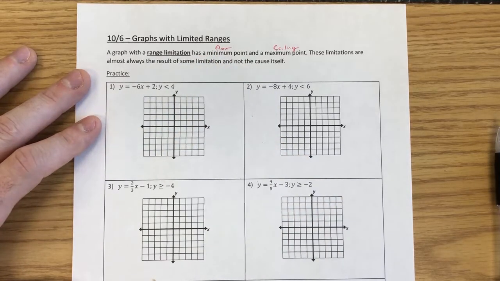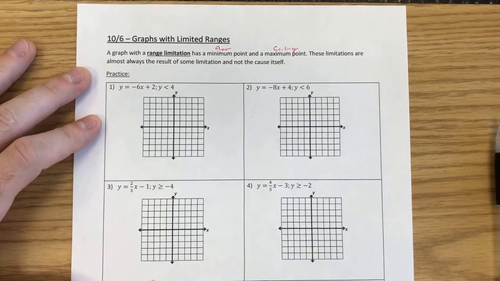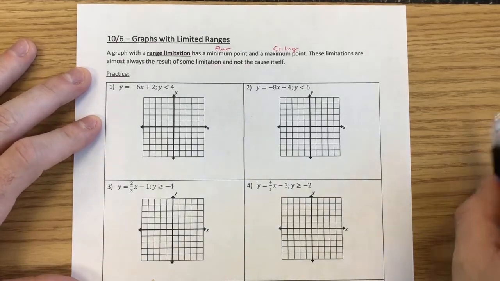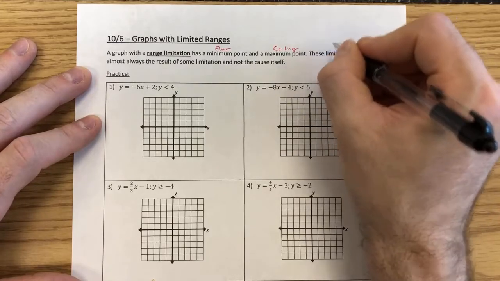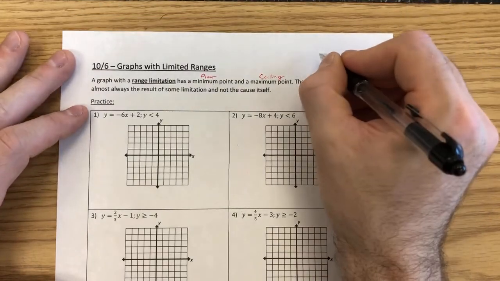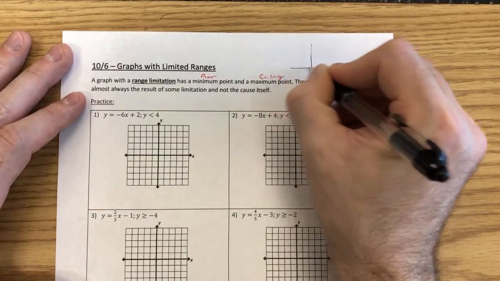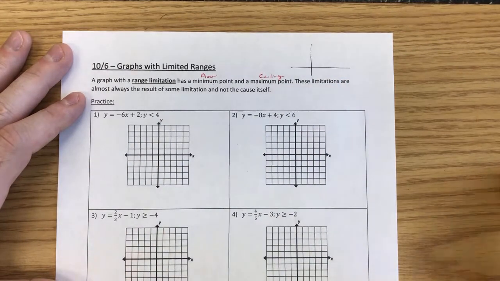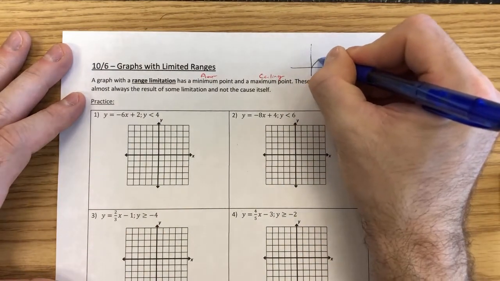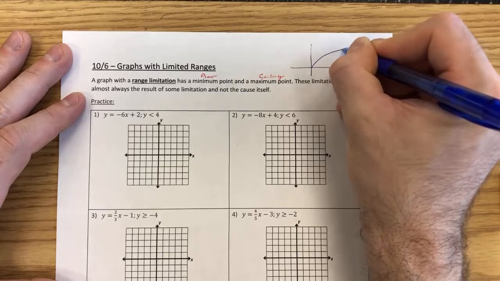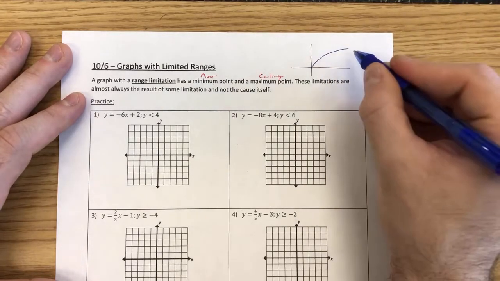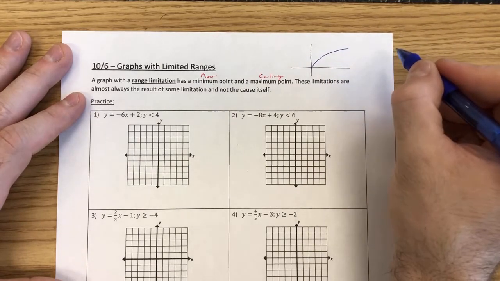Furthermore, when we look at limited ranges, one of the things we'll eventually go through is in calculus, you're going to be looking at what we call limits. When a graph starts to spiral upward, let's say I draw a sample graph and say, hey, my graph is going up, up, up, but it's starting to taper off. At some point, that graph is going to flatten out.